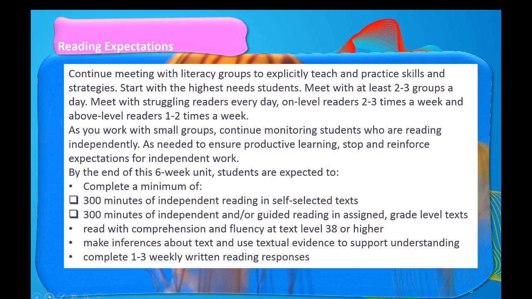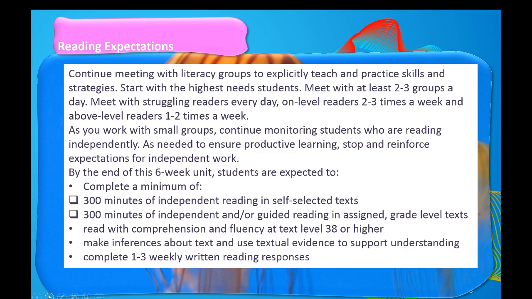And our reading expectations, I just want to remind you that you're continually working with those small guided reading groups, and that you start with your highest needs kids and you meet with them every single day. Remember that you need to really monitor the kids who are reading independently.